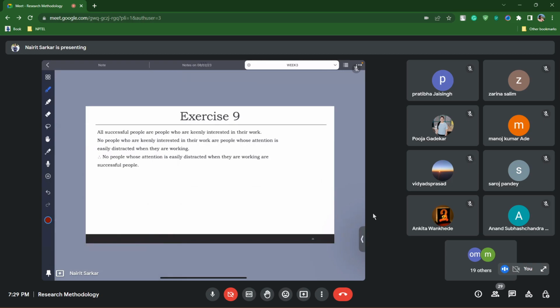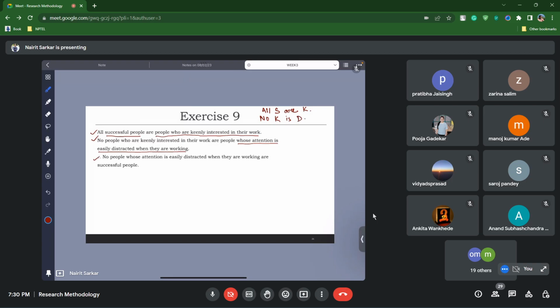All successful people are people who are keenly interested in their work. That means all successful people are keenly interested in their work. Then, second, no people who are keenly interested in their work, so no K is D, whose attention is easily distracted when they are working. Let's assume it is D.